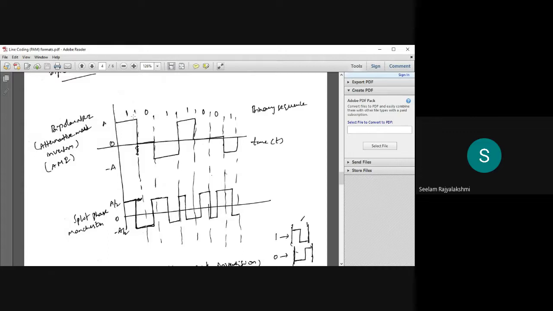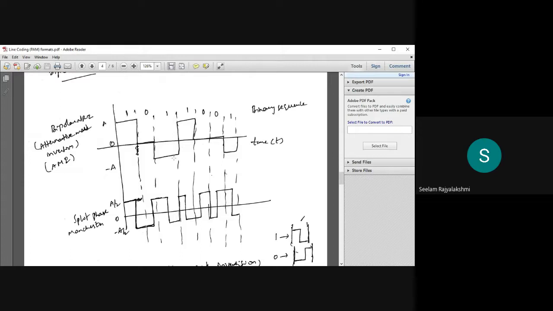Bipolar NRZ, or alternate mark inversion, focuses only on the value 1. The first 1 is positive, and if you have another 1, it takes a negative value. After one 1, another 1 takes the negative value, and it does not return to 0.